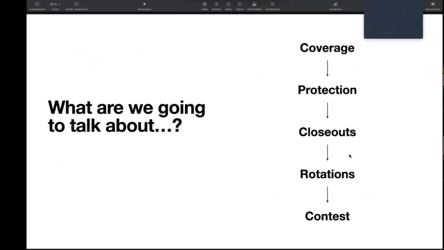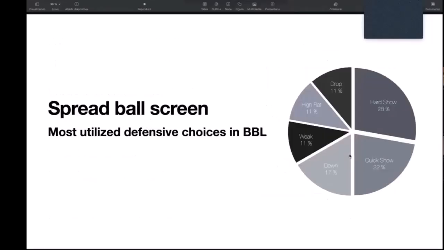So in the presentation overall, we will talk about the coverage, the protection, the closeouts, rotations, and the contest in the end. Okay, so here's a little diagram about the main defensive choices in the German BBL. You need to know that these percentages are based basically on the primary defense of the teams.